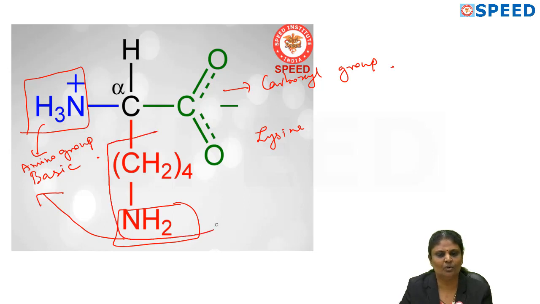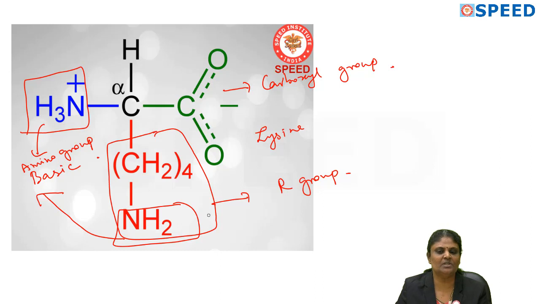And this group is collectively called the R group. So in the R group, an extra amino group is present. Due to the presence of this NH2, this amino acid is called the basic amino acid.